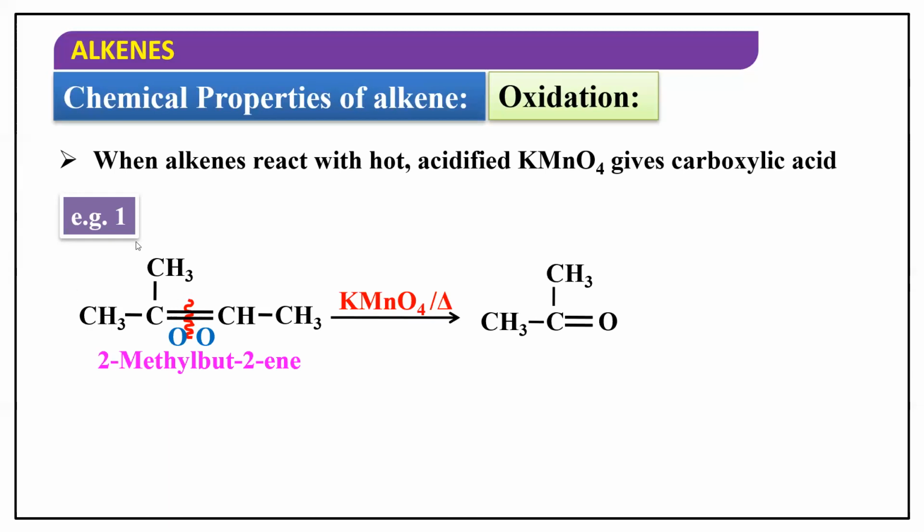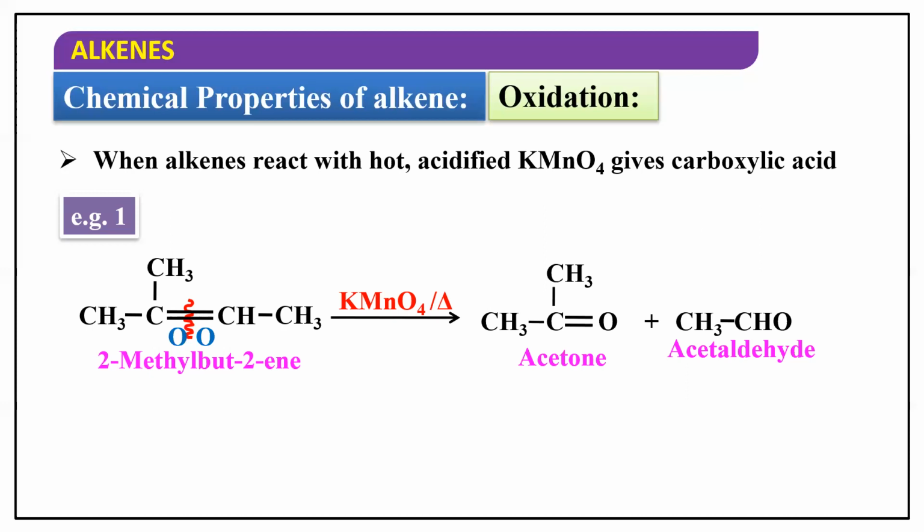One of the oxygens gets added to this part of the breakage, giving us CH3COCH3, and the other oxygen gets added to the other part of the breakage to form CH3CHO. We get an aldehyde and a ketone. Acetaldehyde is one of the products, and acetone is the other product.